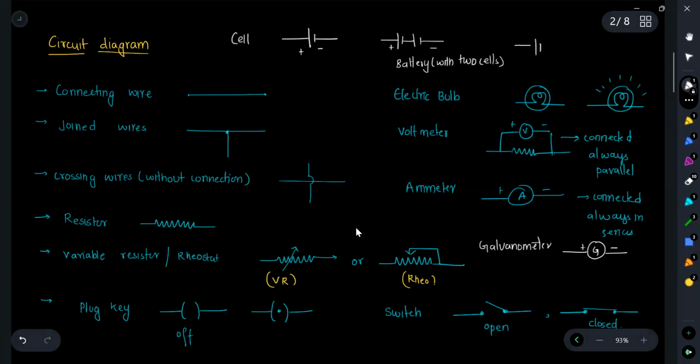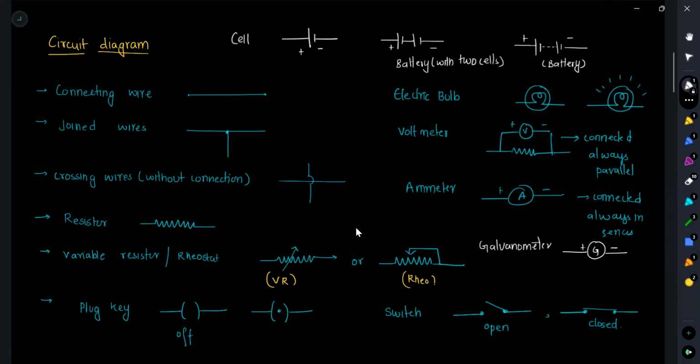Then if there are numerous cells and we do not want to draw all of them, we use a dotted line, and then it is a battery with whatever many cells you want to put in. Yeah, that's it. Note this down. These are commonly used in your course, so इनके अलावा I don't think और कोई नहीं आएंगे. Uses पढ़ेंगे इसके बाद.